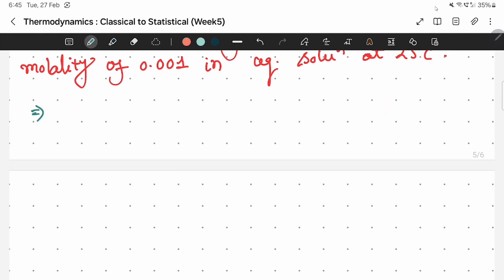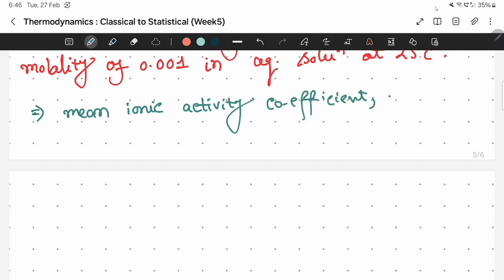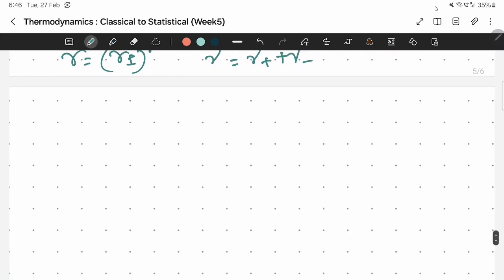So we have to find out the mean ionic activity coefficient, that is eventually gamma plus minus. And gamma is the total ionic activity coefficient, that is gamma plus minus to the power nu. Nu is actually nu plus plus nu minus, the total number of ions. This we have discussed already.